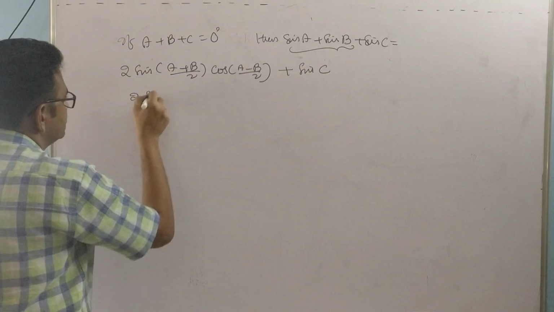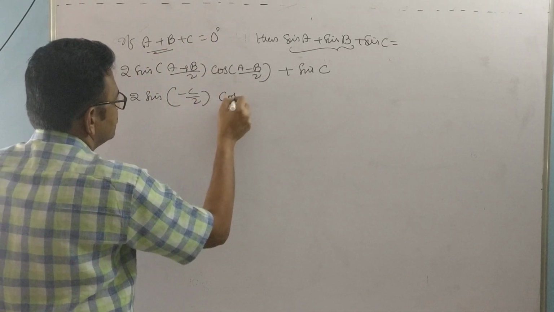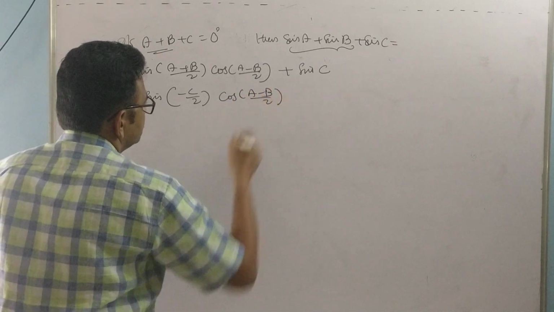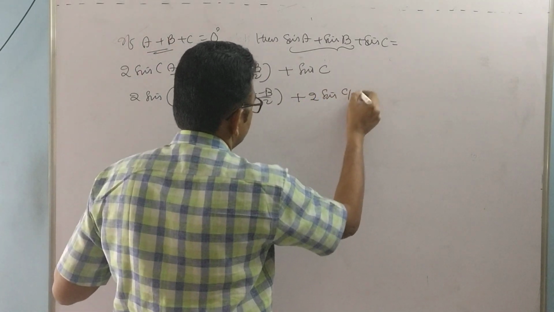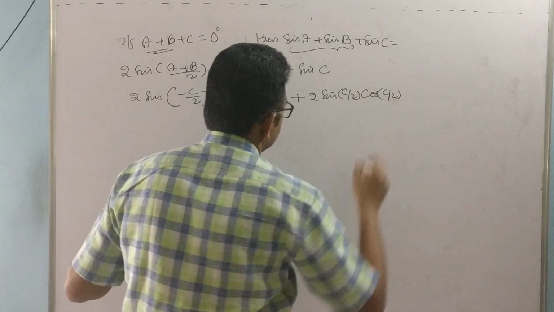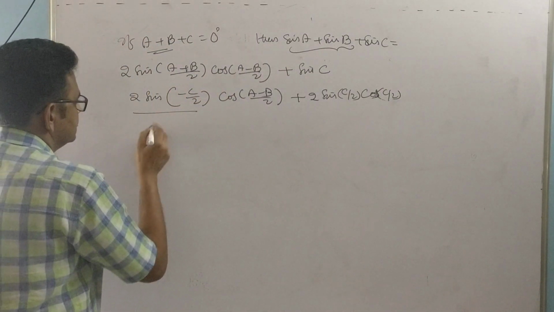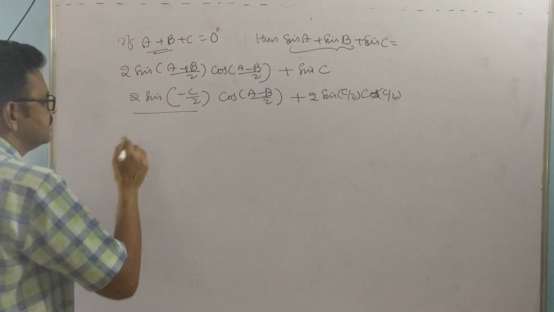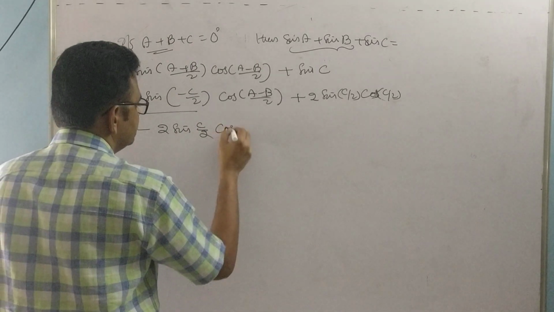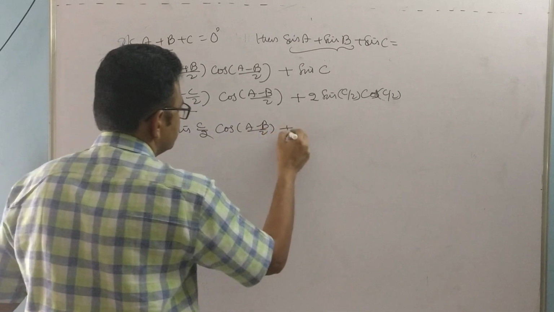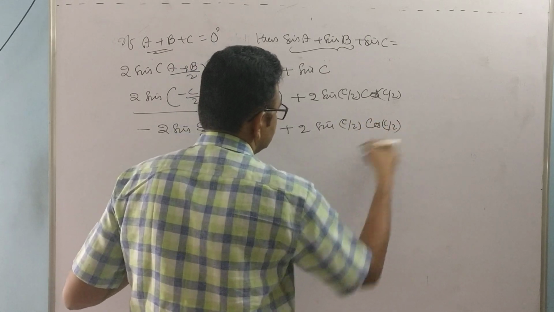So this is 2 into sin of (a plus b) by 2, where a plus b equals minus c, so sin of minus c by 2 equals minus sin c by 2, into cos of (a minus b) by 2, plus 2 sin c by 2 into cos c by 2.